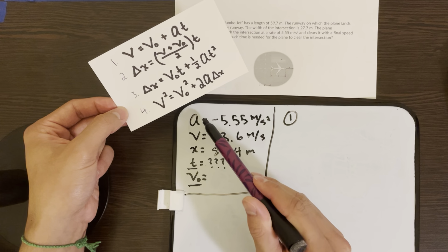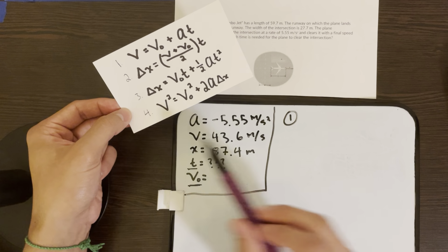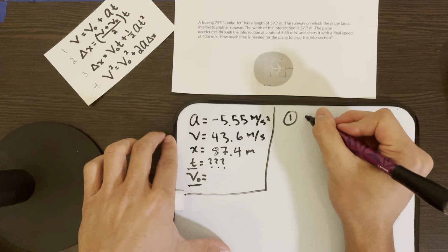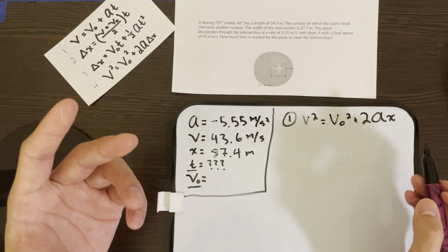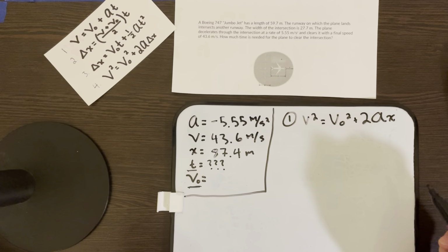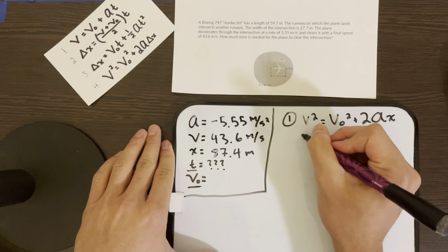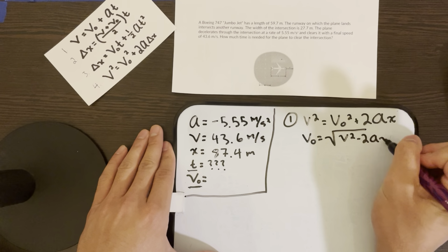When we look at this, we have our acceleration, our final velocity, and the distance. So we can go ahead and use our fourth kinematic equation, V squared is equal to V naught squared plus 2AX. We want to solve for V naught, so we'll bring everything to the other side, and we get V naught is equal to the square root of V squared minus 2AX.